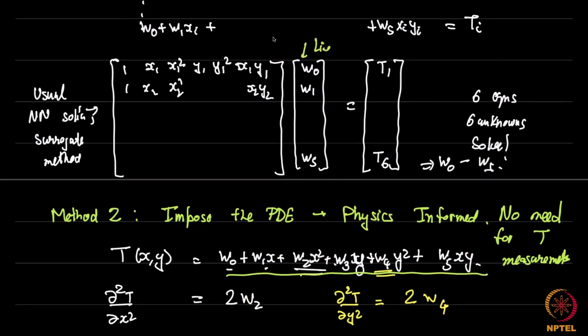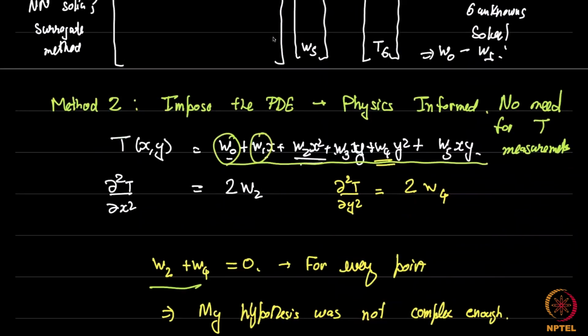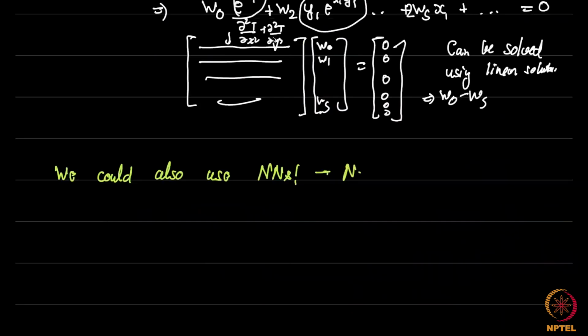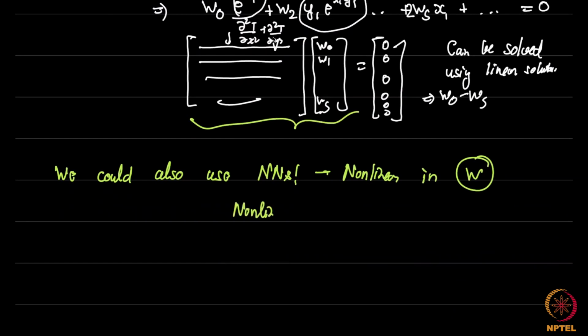This is a linear system because my hypothesis was linear in W. Whereas a neural network is non-linear, as we have seen in the last 3-4 weeks in W. So instead of getting a linear system, we will get a non-linear system of equations to solve. Now, again, you can solve this using Gauss-Newton, or you can use Levenberg-Marquardt, or you can use gradient descent.